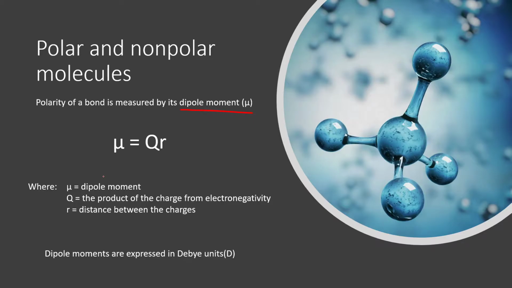So dipole moment kita dapat from the charge and the distance between the charge. Okay, this is the charge. Okay, macam mana kita nak dapat the charge? Okay, so hari tu ingat tak kita belajar pasal electronegativity? Kalau across the group, electronegativity increase ke decrease ke apa?